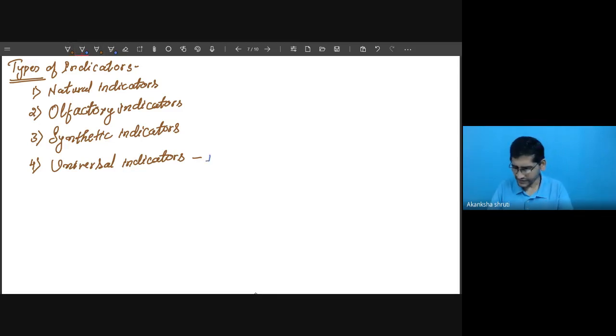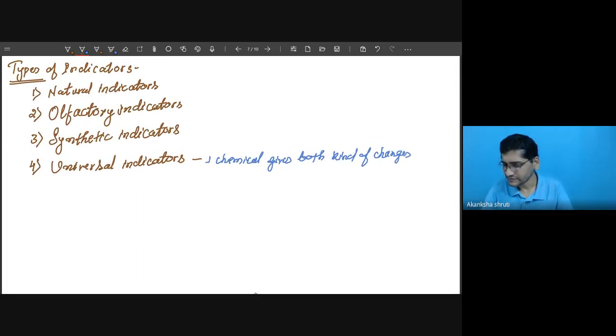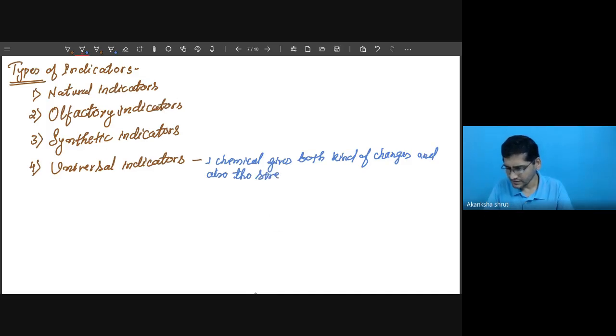So one chemical gives or tests both kinds of changes, and also the strength. What is this? I will explain later for this universal indicator.